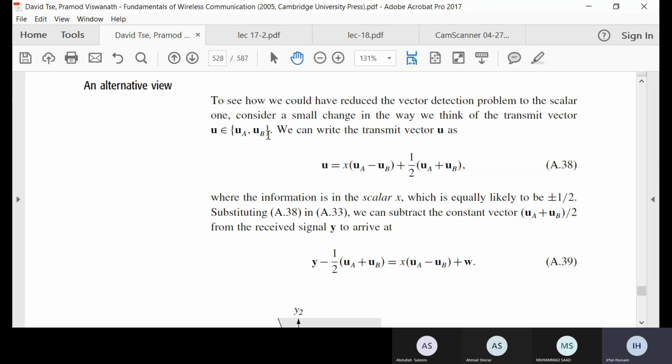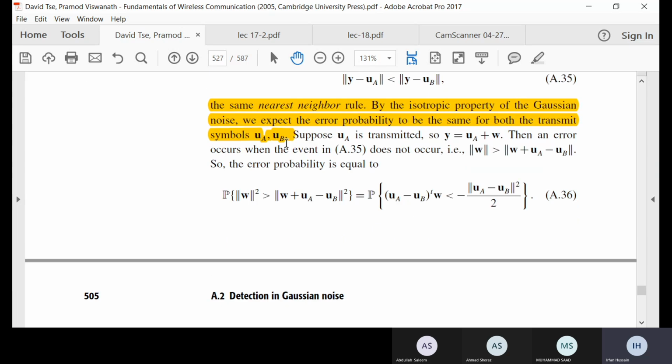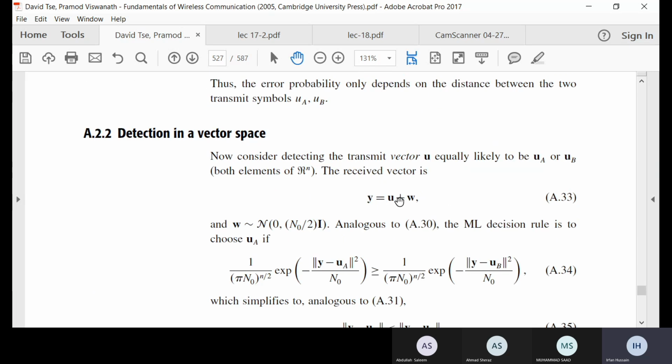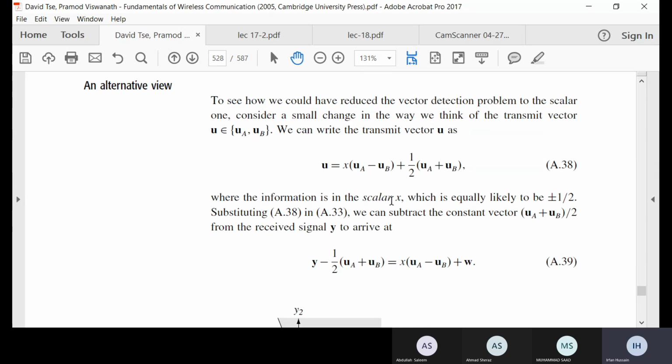Now actually we know the signal that is being sent is UA or UB plus W. The signal you could see here is actually U plus W, where U could be UA or UB. But we are trying to develop an alternative view that the sent signal vector can actually be represented by a simple scalar x. Now I can also write y minus half UA plus UB.